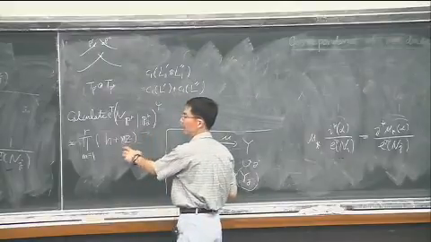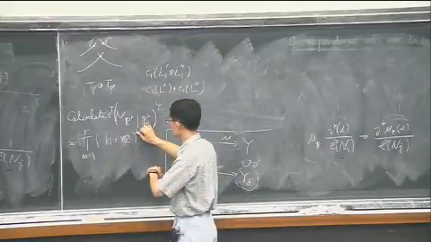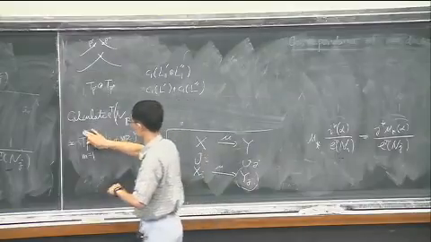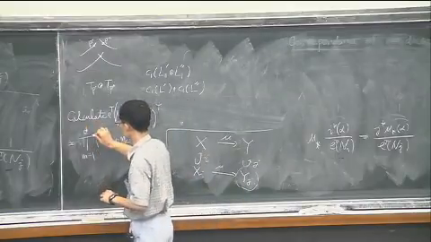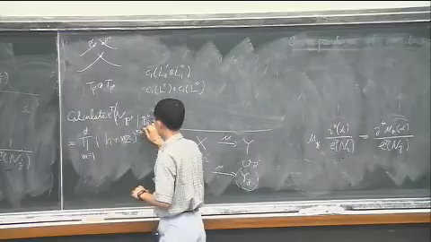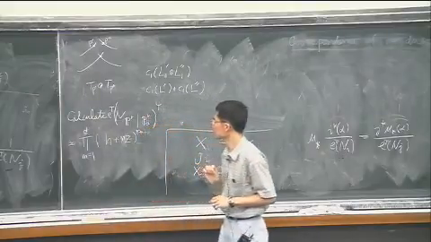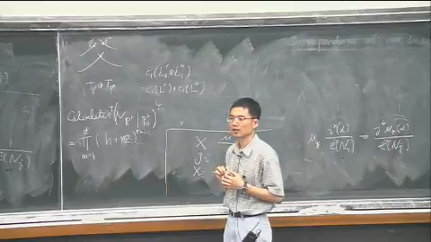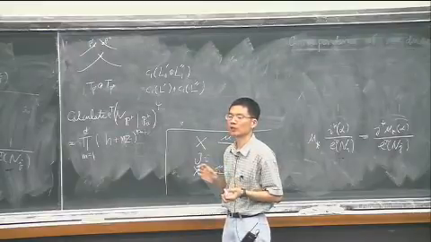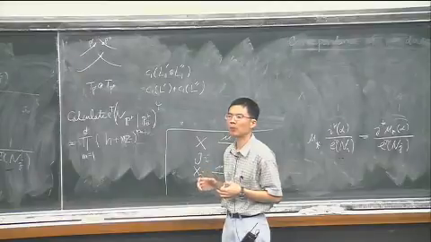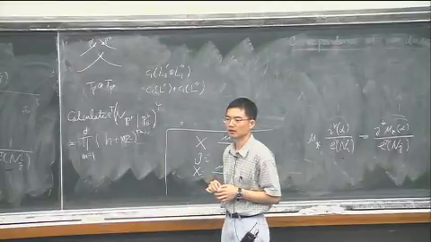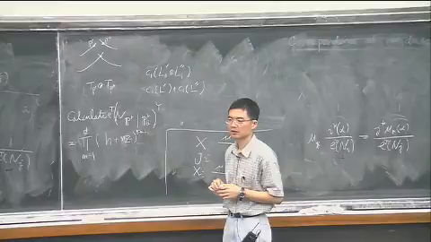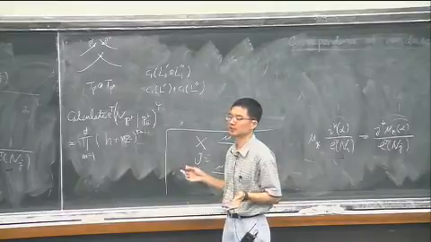But I have R plus 1 components. Does that make sense? I'm afraid if you've never seen any localization, this might go a little bit too fast, but if you have seen this, you'd probably be bored.